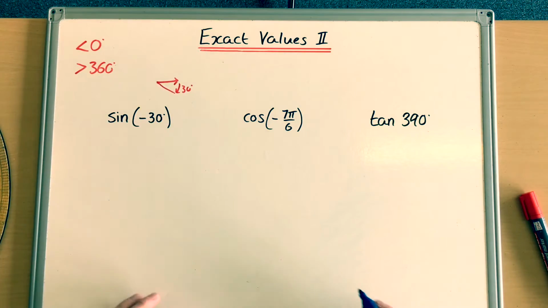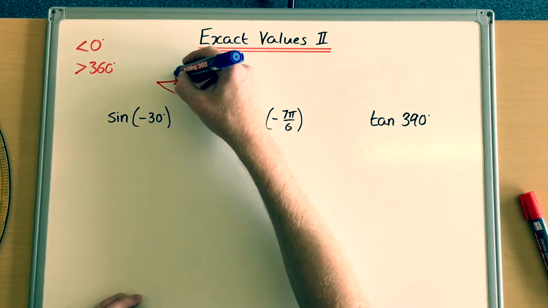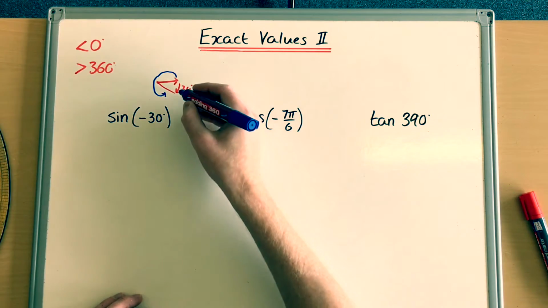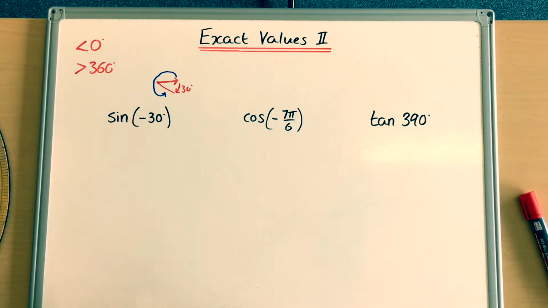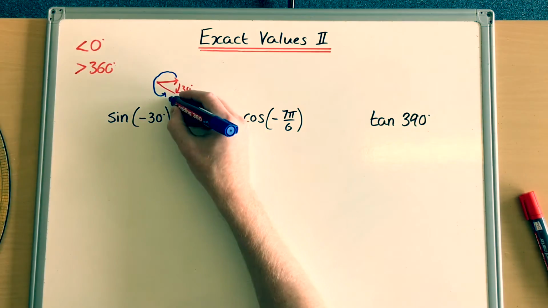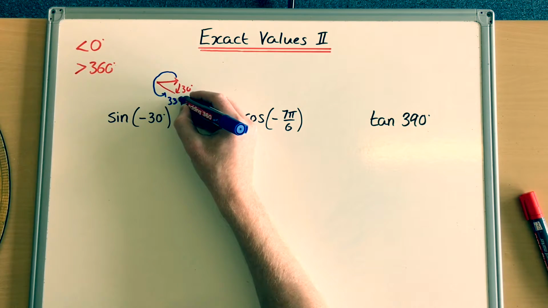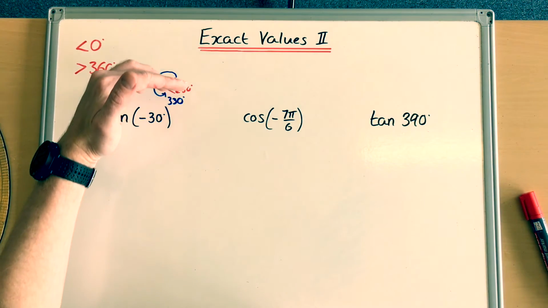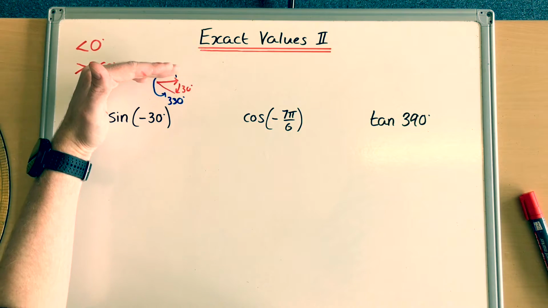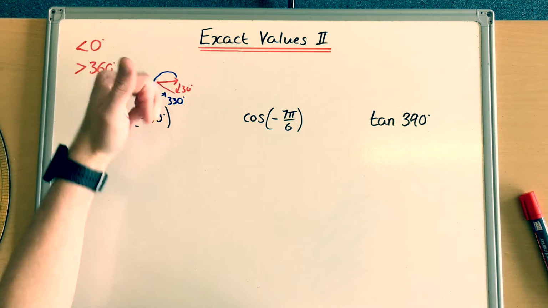So if I'm given minus 30, what I want to know is, what would that be the same as going round in the positive direction instead of going minus 30? And what I really want to know is what goes with 30 degrees to make 360, a full turn, and that's 330 degrees. Okay, so if you start here and go 330 degrees in the positive direction, that would be exactly the same as going 30 degrees in the negative direction.